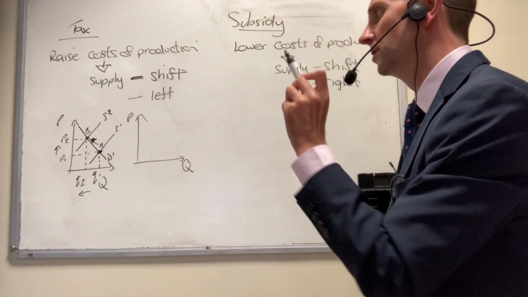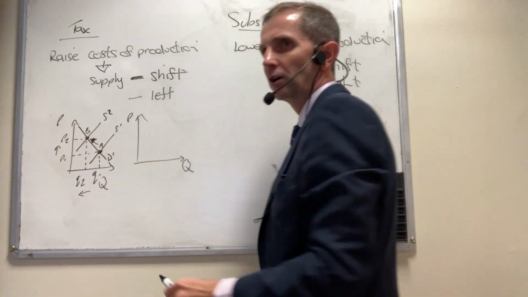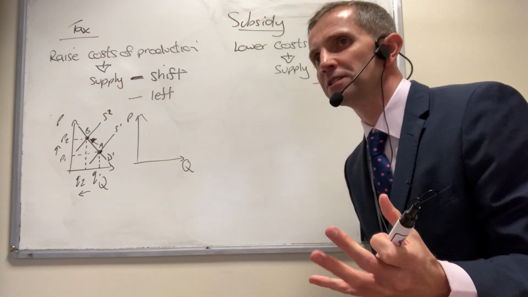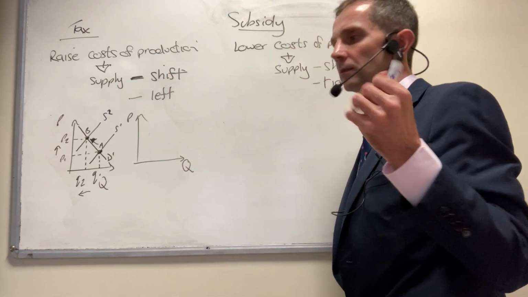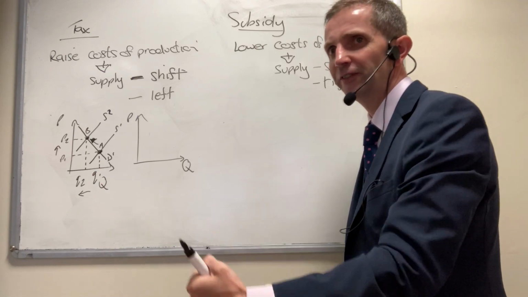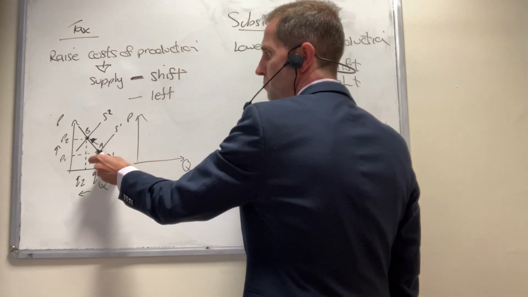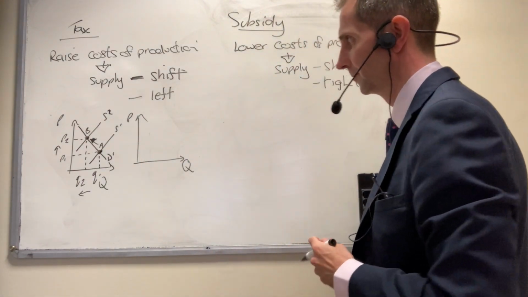And favour, just with regard to our movement from A to B on the demand curve, is that a shift of the demand curve or a movement along the demand curve? Correct, so that's a movement along. So the supply curve has shifted and we simply moved along the demand curve to form our new equilibrium at B.